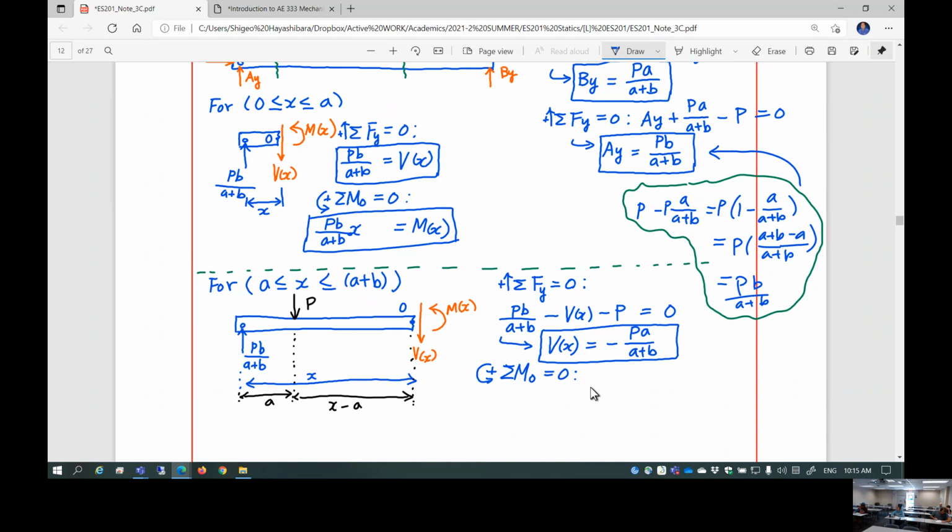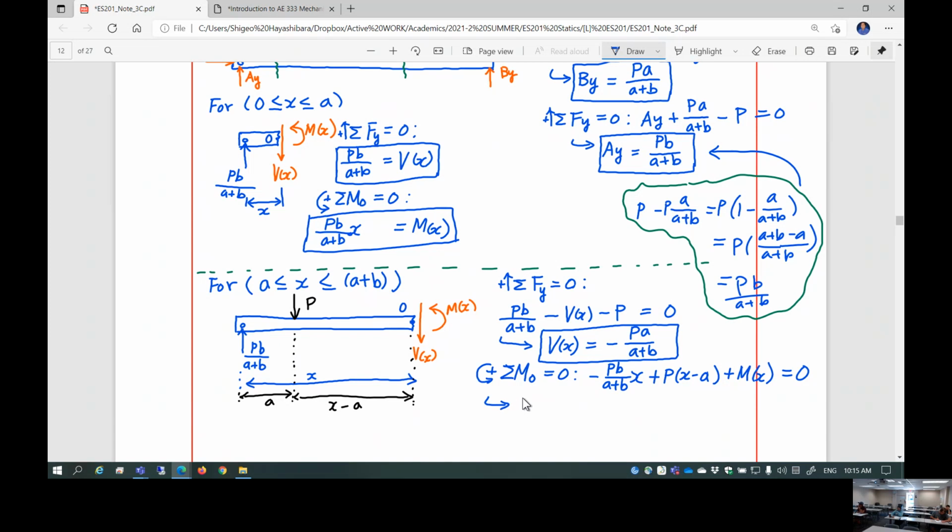So negative moment is negative PB over A plus B multiplied by X. That's a negative moment created by the support reaction. Then this P creates positive moment, P times this distance, X minus A, P times (X minus A). And then Mx, of course, is positive. It's plus Mx. M is a function of X, equal to 0.